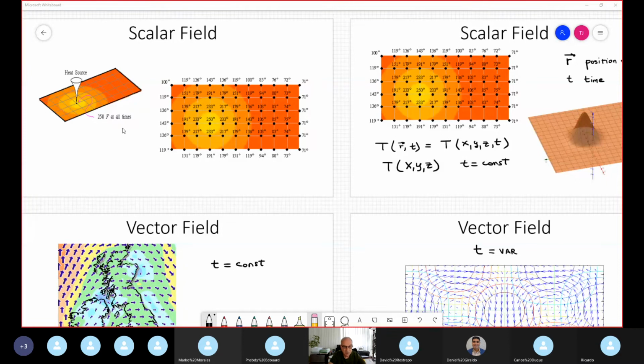And the heat propagates throughout the lamina and creates different temperatures. So basically, what we are doing is assigning a scalar field in which to any point in the lamina I assign a different temperature, but temperature is a scalar, no vector.